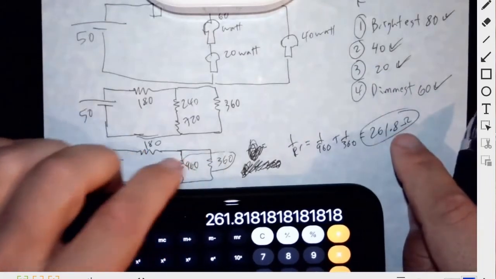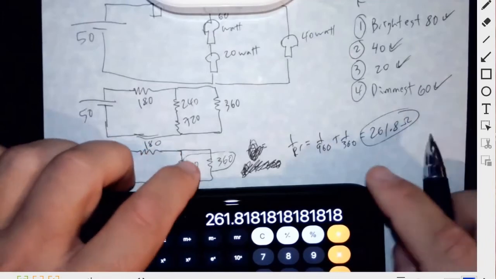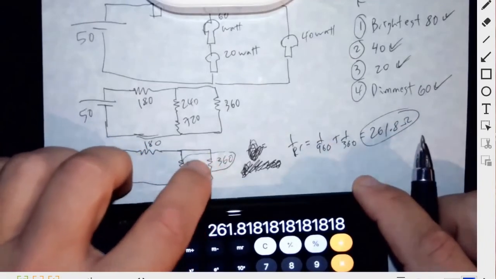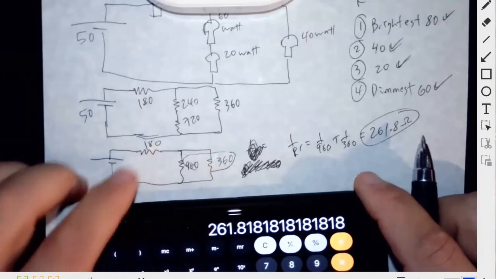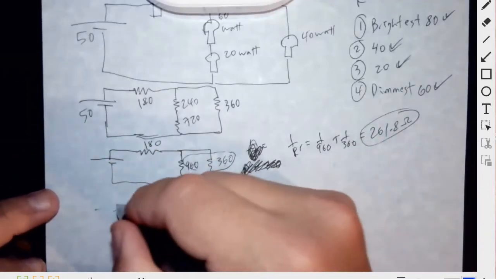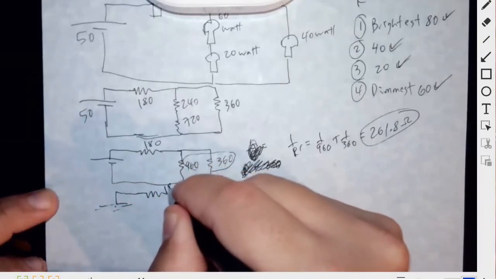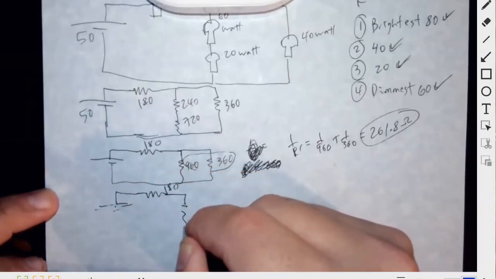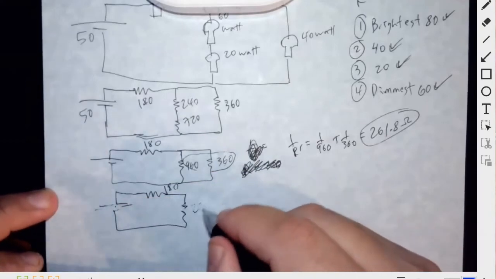So, okay, that's larger than that. So combined, this is going to be brighter. These two are going to be brighter than that. So 180 is going to be, 261.